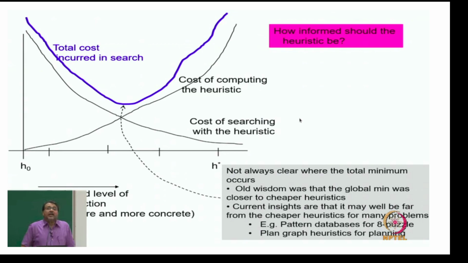So A star: f of n, the evaluation function for each node, is equal to h of n plus g of n. So g of n is from start to n, and h of n is from n to target. So this is how we have learned about the A star algorithm, right?